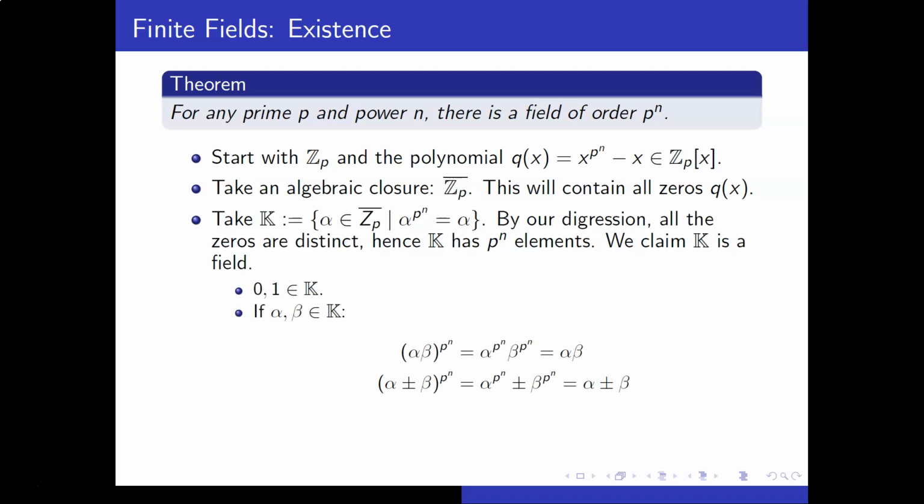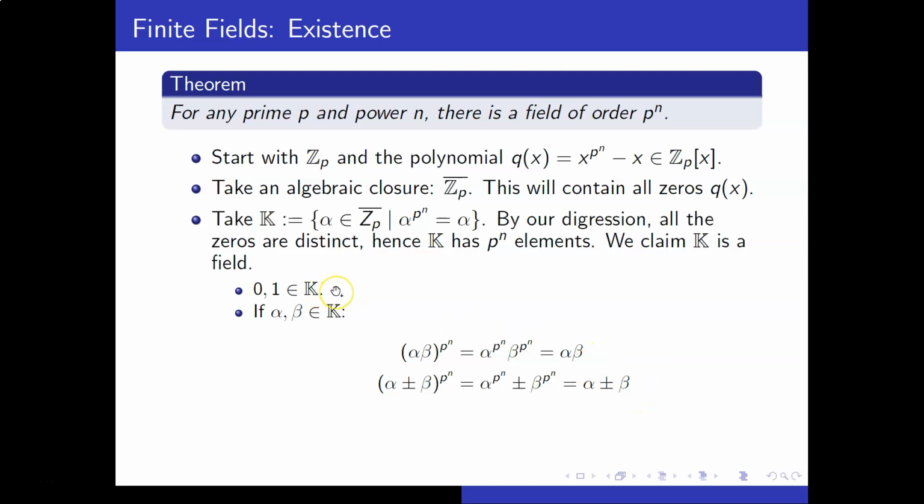Okay, well, 0 and 1 are in K, that's not a problem. And then by our lemma, if I take alpha plus or minus beta raised to the p to the n, I'm going to get alpha plus or minus beta. And if I take alpha beta and raise it to the p to the n, I get alpha beta. So it is closed under multiplication. It's closed under particularly subtraction.